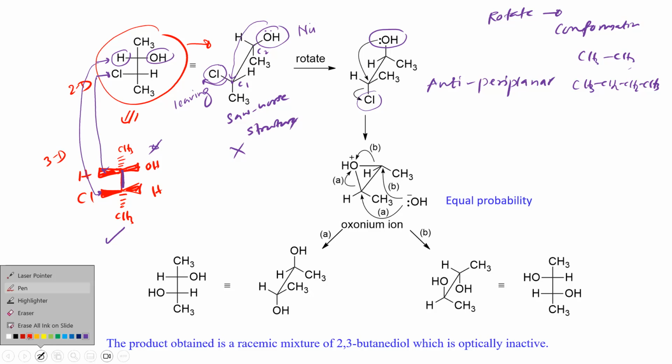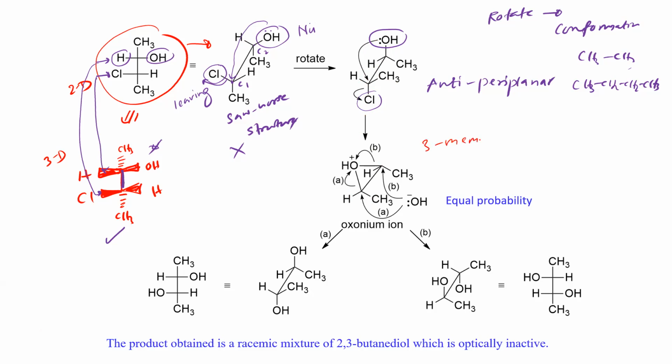And once you have rotated that molecule, so that now the hydroxyl and chlorine are anti-periplanar to each other, the hydroxyl can attack this carbon, and chlorine leaves. Because the nucleophile and the leaving group are in the same molecule, you end up making this three-membered ring structure, because there's only 1, 2, 3.